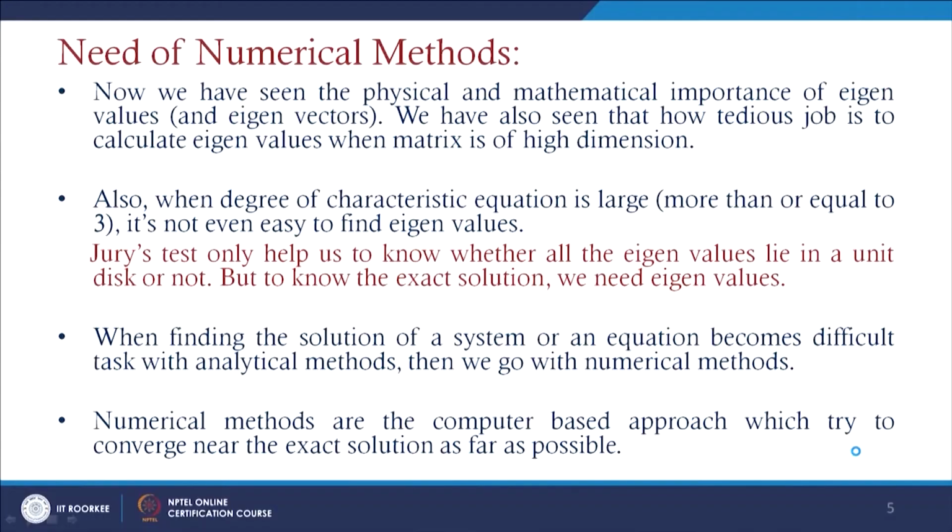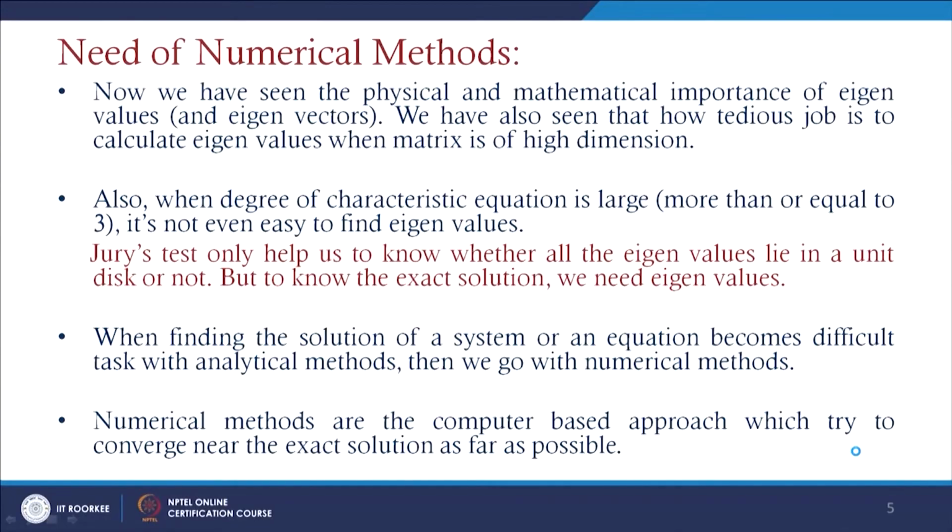And for any mathematical problem associated with physical significance, eigenvalues are important, and each of these eigenvalues is associated with eigenvectors. We have also seen how tedious a job it is to calculate the eigenvalues when the matrix is of higher dimensions.